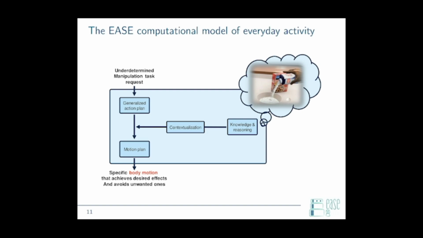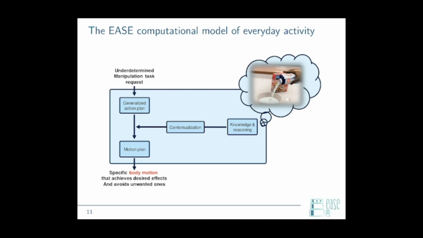And the means of going from the generalized action plans to the concrete motion plan is contextualizing the generalized description of how to move into concrete ones by applying knowledge and reasoning. So that's the game that we want to play.